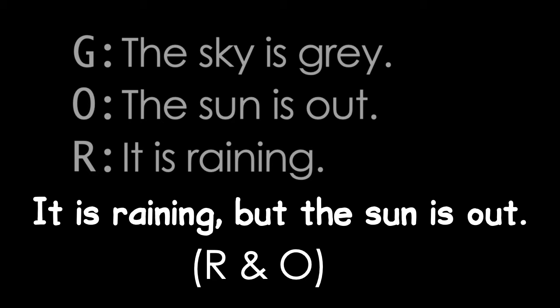It's saying that it is raining, and it's also saying that the sun is out. So, "but" just captures a kind of nuance that we won't try and translate into SL. The truth function is the same. The sentence, "It is raining, but the sun is out," is true if and only if R and O are both true.